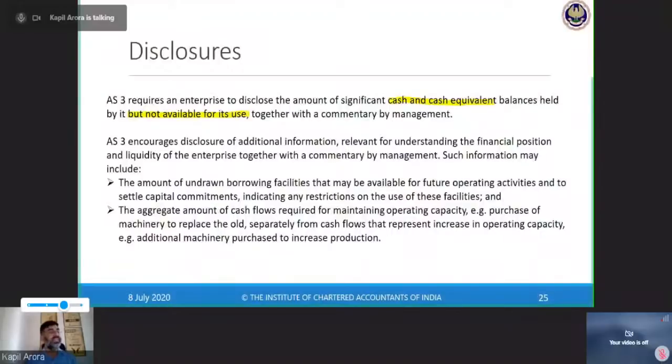That is something I need to give a disclosure about. AS 3 also encourages additional disclosures for the understanding of the liquidity and financial position of the company, like the undrawn borrowing facility. I have a loan of 50 crores, but I have only taken 10 crores from that. The rest of the 40 crores is still there, which we are going to get.